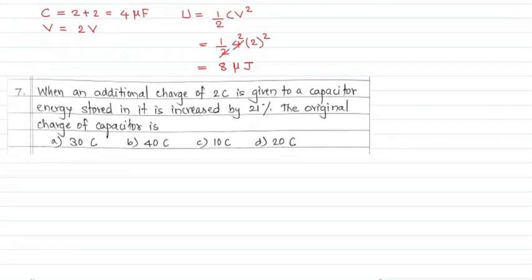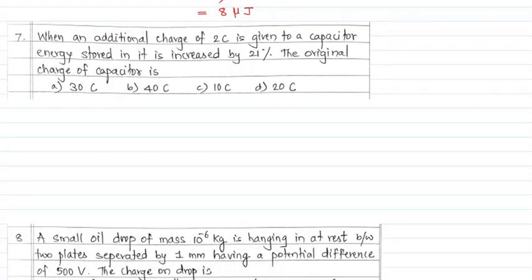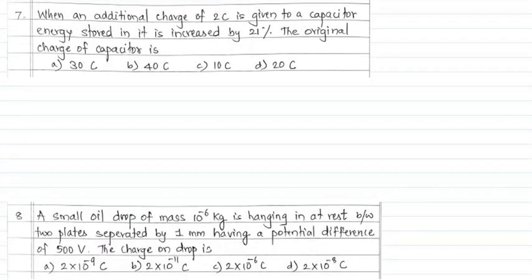Next, seventh one. When an additional charge of 2 coulomb is given to a capacitor, energy stored in it increases by 21%. Then the original charge you are required to find. So first, original charge Q1, I will take it as Q. When I give the additional charge, Q2 becomes Q plus 2. 2 coulomb is additional which I am adding.